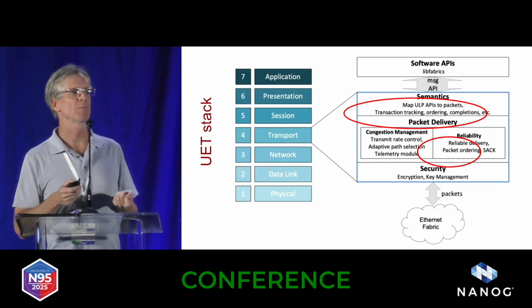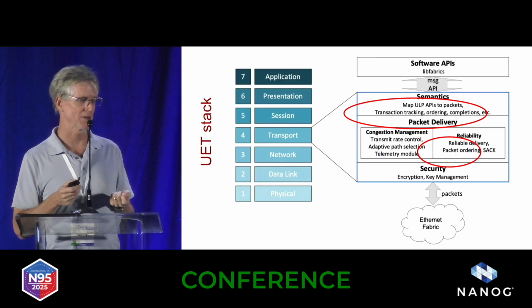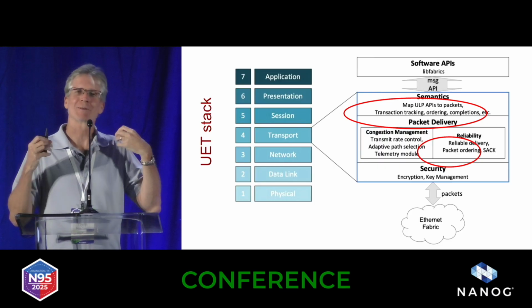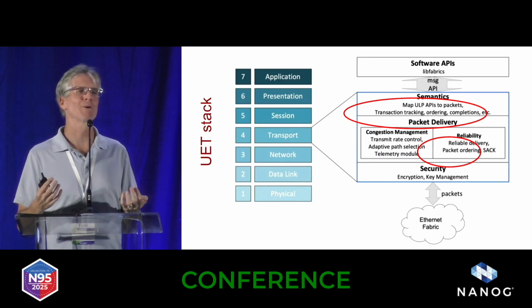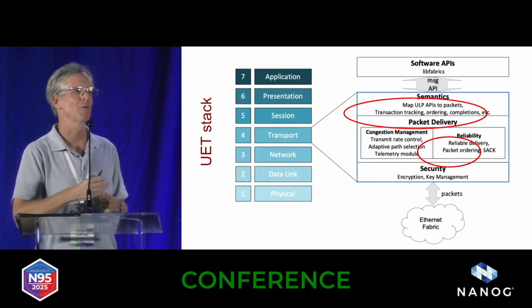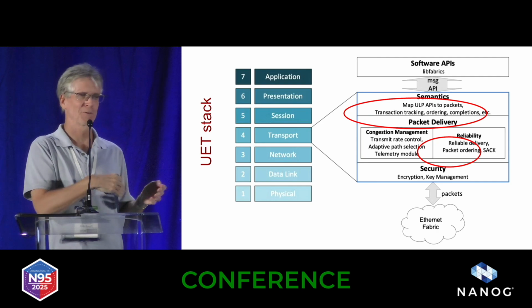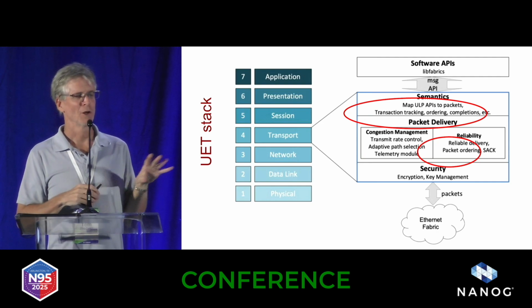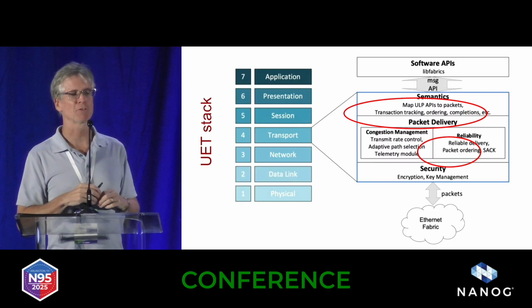This is also something for the data center operators out there. You should expect almost all new protocols are going to be over UDP unless somebody figures out how to run the protocols without even IP and run them straight over Ethernet. UET doesn't do that, but some others do.